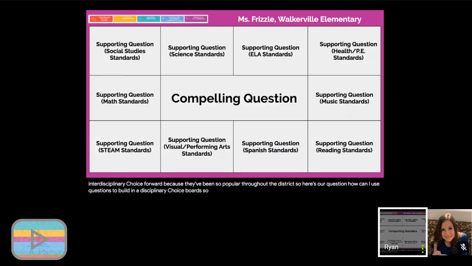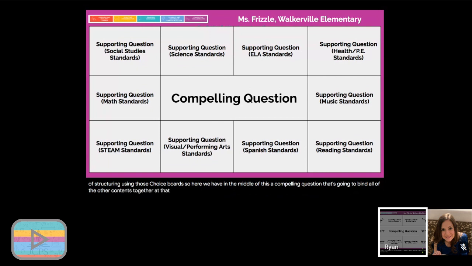Where we began before is making sure that a choice board isn't just a random assortment of what students might be engaged in, that we can provide, through questioning, a way of structuring those choice boards. Here in the middle is a compelling question that's going to bind all of the other contents together.